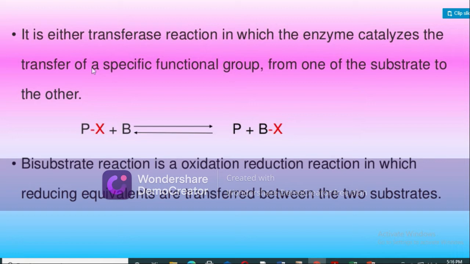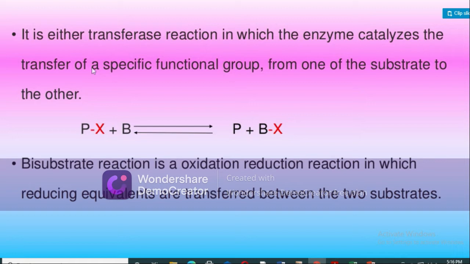From the classification of enzymes, we have transferases. When we say transferases, it means a group of enzymes that transfer a specific group from one substrate to another to produce a specific product. For example, where you have glucose plus ATP, you are transferring a phosphate group from the ATP and loading it onto glucose. That is why you have glucose 6-phosphate and ADP.